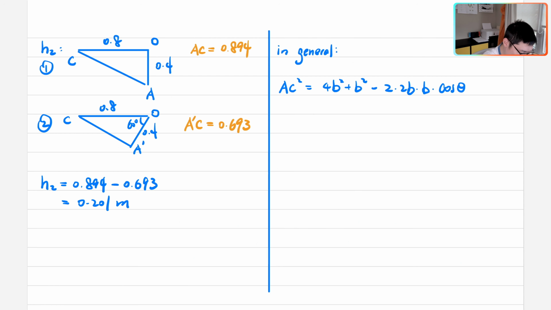How is that going to be helpful in a moment? First of all, let's tidy up a little bit. We'll end up with AC squared equals b squared times (5 minus 4 cos theta). Okay, AC is a variable.